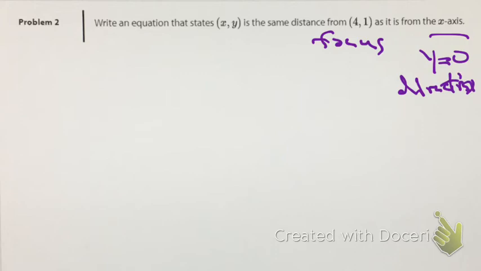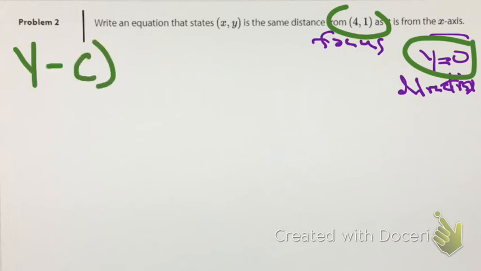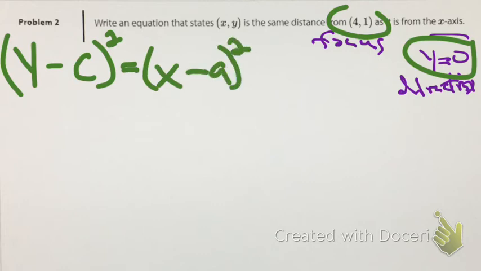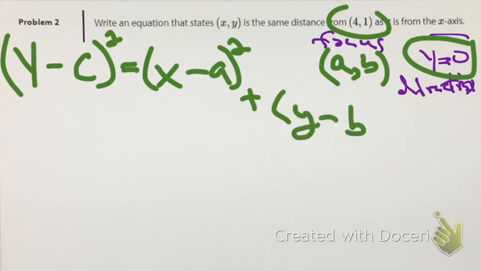So to write that equation, we need to go with this general focus directrix form. That's y minus c squared equals x minus a squared, because that's what the focus point is. We usually use a and b, if you remember, as those coordinates, plus y minus b squared.